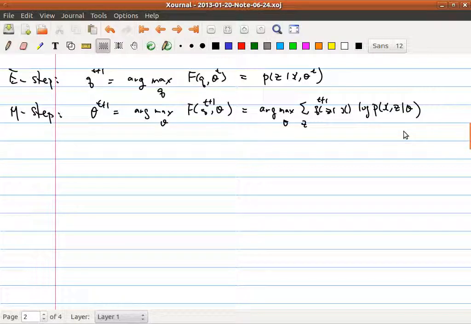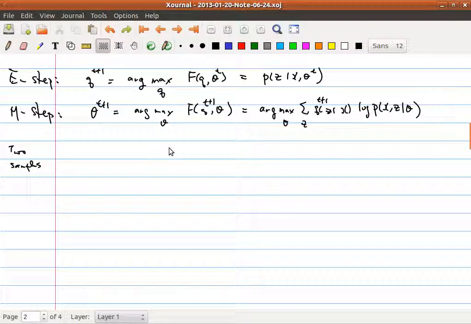So I really should have written here that when we derived the EM algorithm, the M step, we were only looking at x as if we only had one sample. But instead, we really should look at more than one sample.